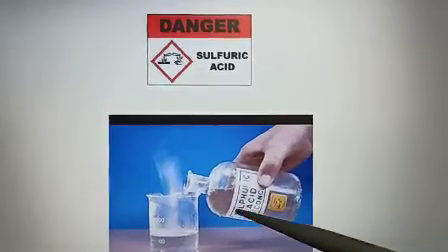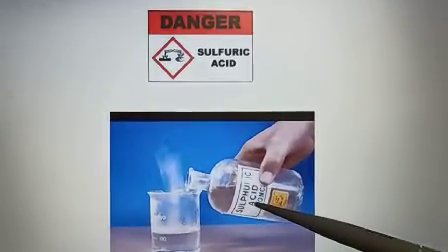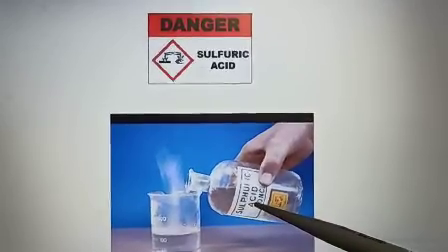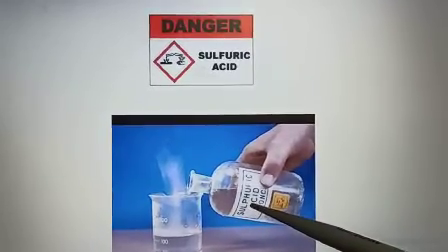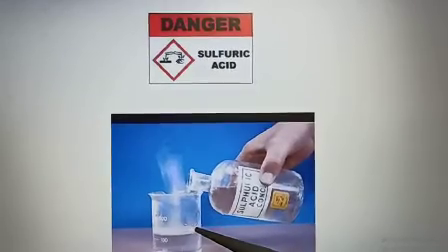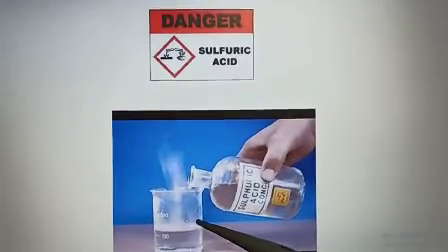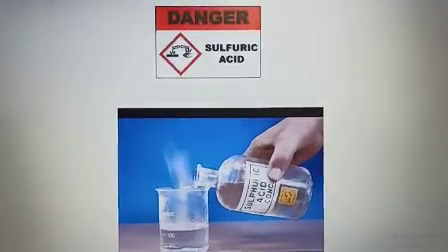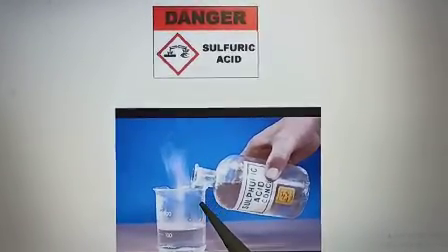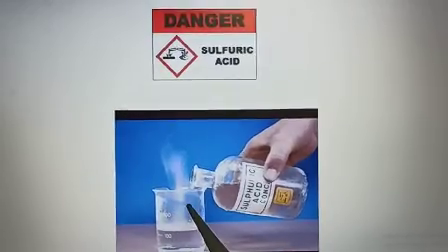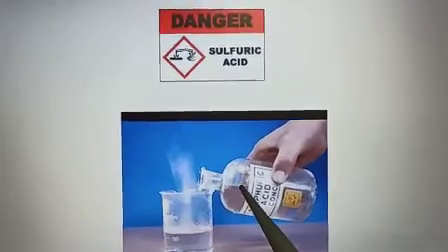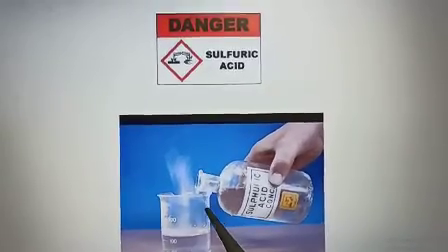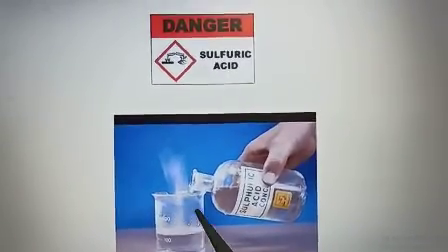In this diagram you can see that concentrated sulfuric acid is being used to make dilute acid, right? So what is the procedure of making the acid dilute? Remember always and listen carefully: we have to take water first, and in that water we have to pour acid very slowly with continuous stirring.